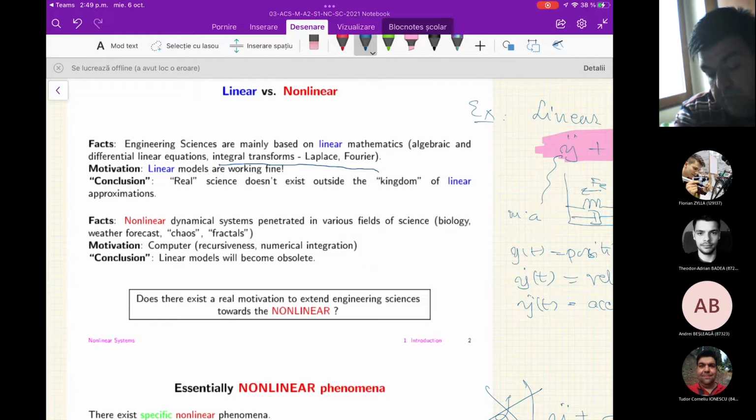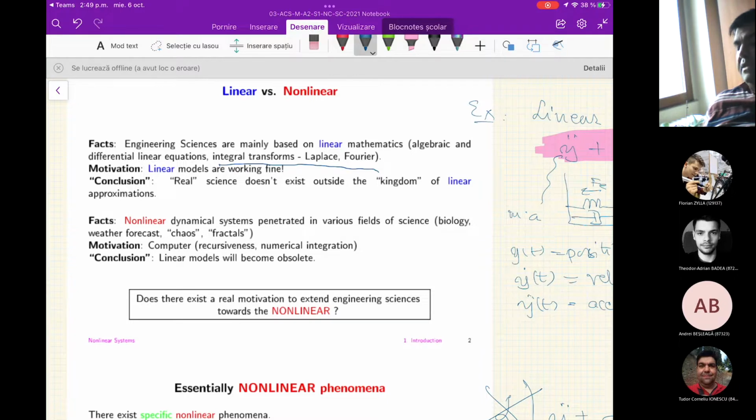Right. So the main motivation to discuss nonlinear is that the computation power has also come to the help of this. Not much, but very important, with numerical integration and recursiveness.